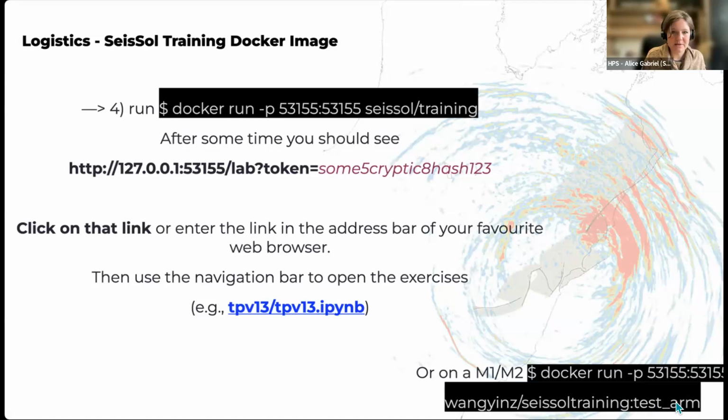And then after some time in your terminal, you should typically see 2 or 3 links popping up there. So they typically look like this. There's some token with some cryptic hash that will change every time you're running that Docker image. You can click on this link, or you can copy that link in your browser.